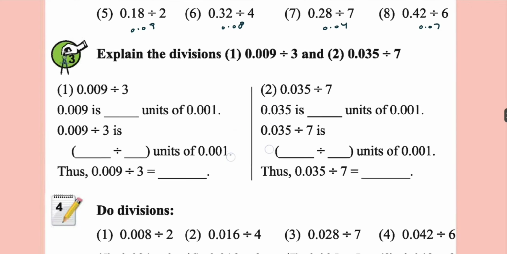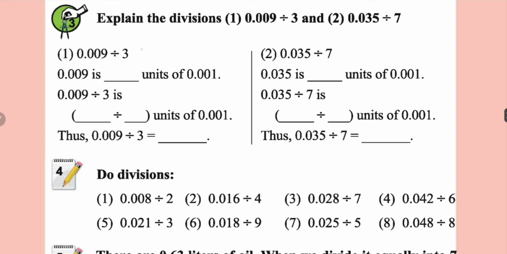Now when you have 3 decimal places, directly when you divide, the answer has 3 decimal places. Since you have 3 decimal places in the question, the answer also should have 3 decimal places. Otherwise you write this one as 9 units of 0.001. This is nothing but 9 by 3 units of 0.001. 9 by 3 is 3. 3 into 0.001 is nothing but 0.003.